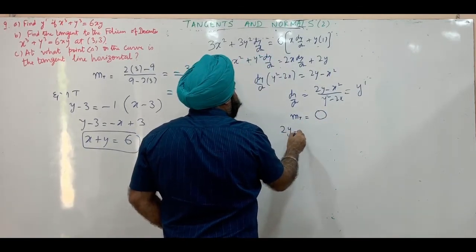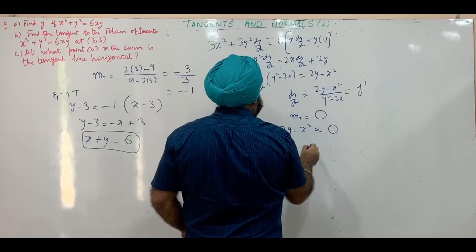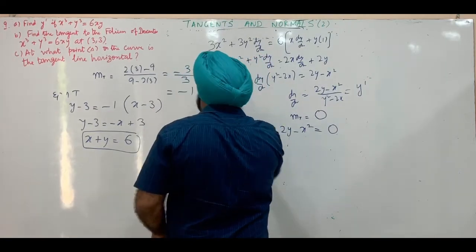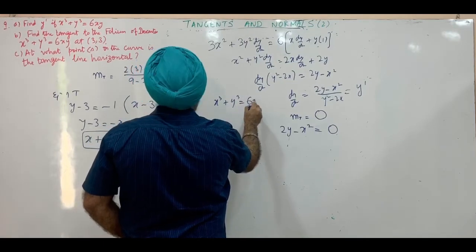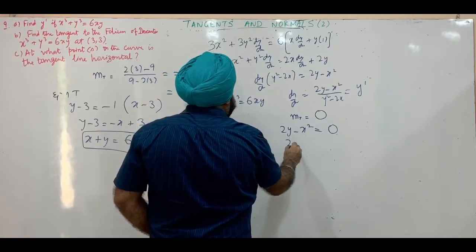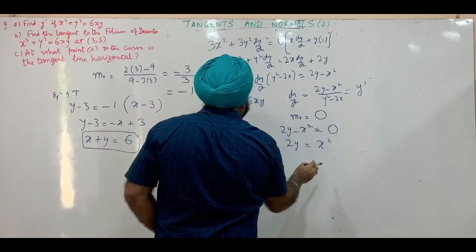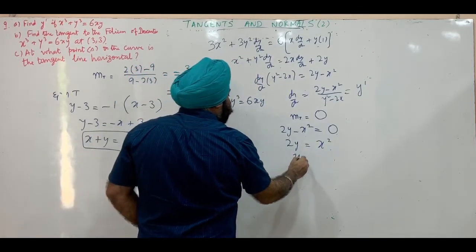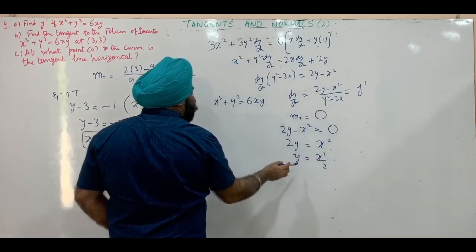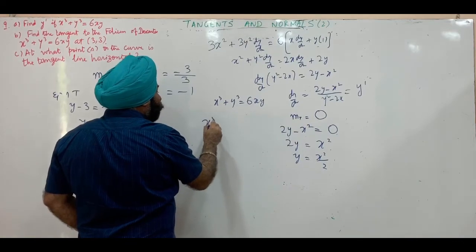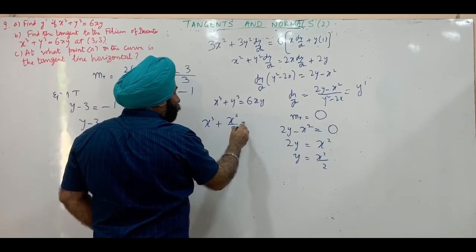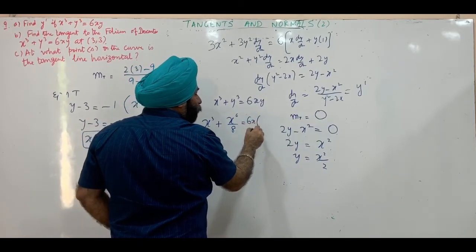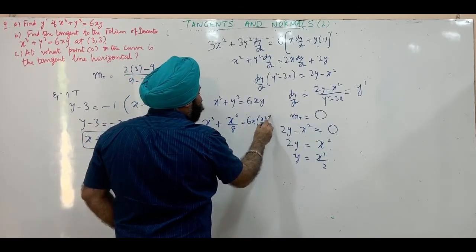2y minus x square is 0. We have x cube plus y cube is equal to 6xy. So 2y is x square or y is x square by 2. Substituting y here, this is x cube plus y cube, this will be x raised to 6 upon 8. This is 6x into y, x square by 2.